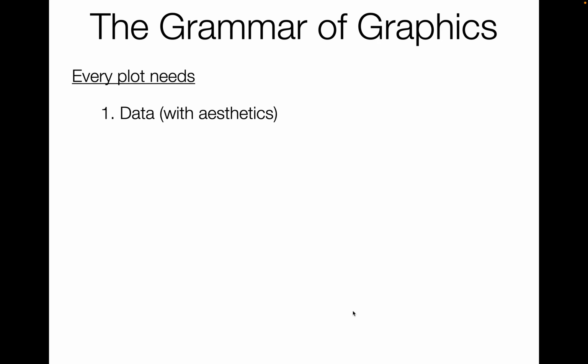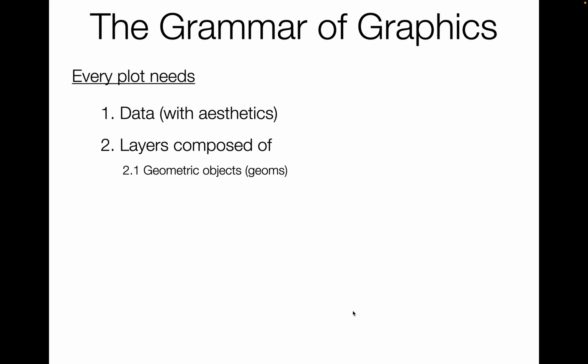You can think of aesthetics as variables in the data. What we're going to try to do in the plotting is express how you want your plot to look by telling it where you want your data to be. So I want this variable on the x-axis, I want this variable on the y-axis, I want this variable to correspond to color, and so on and so forth. We'll get there.